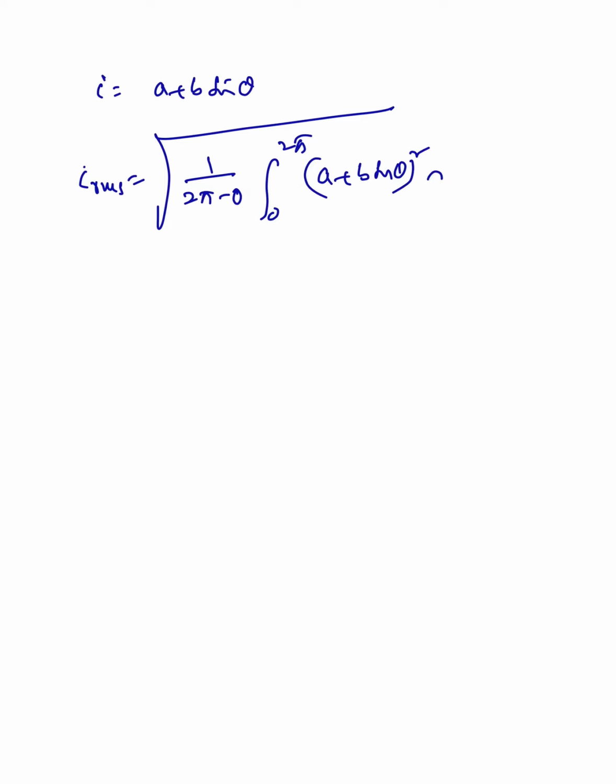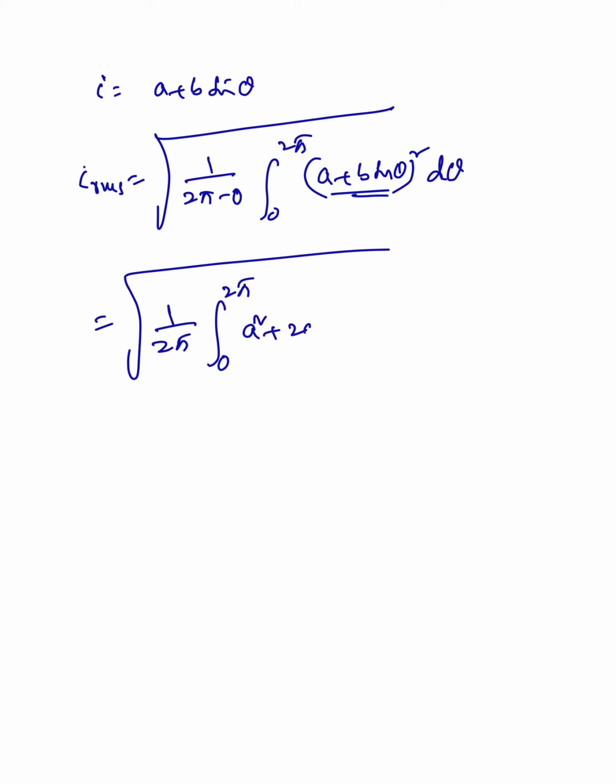Same way, I RMS is equal to square root of 1 by (2 pi minus 0) integral 0 to 2 pi (a plus b sin theta) whole square d theta, square root of 1 by 2 pi integral 0 to 2 pi. This is a square plus 2ab sin theta plus b square sin square theta d theta.